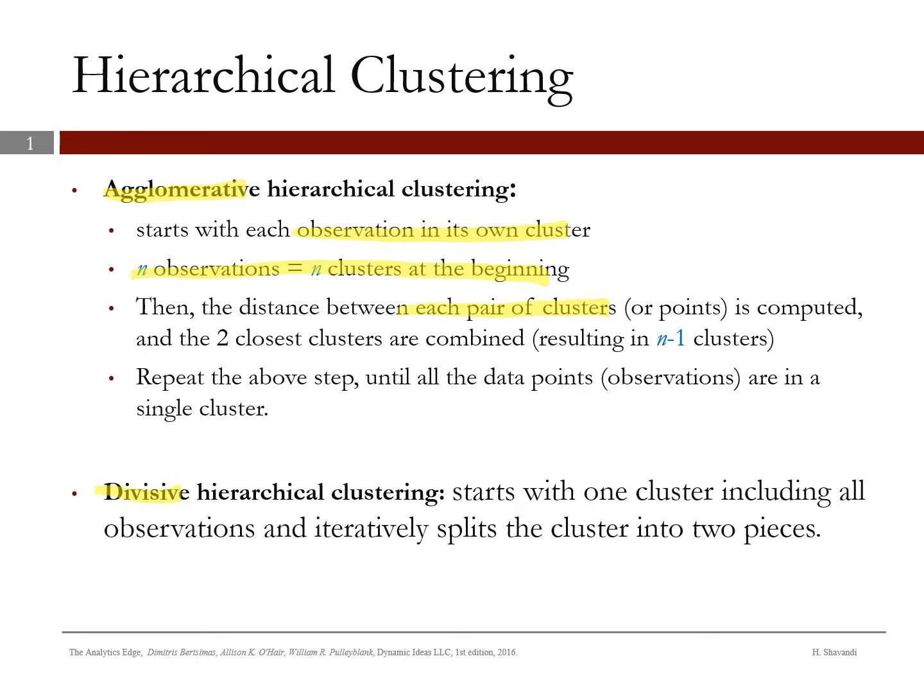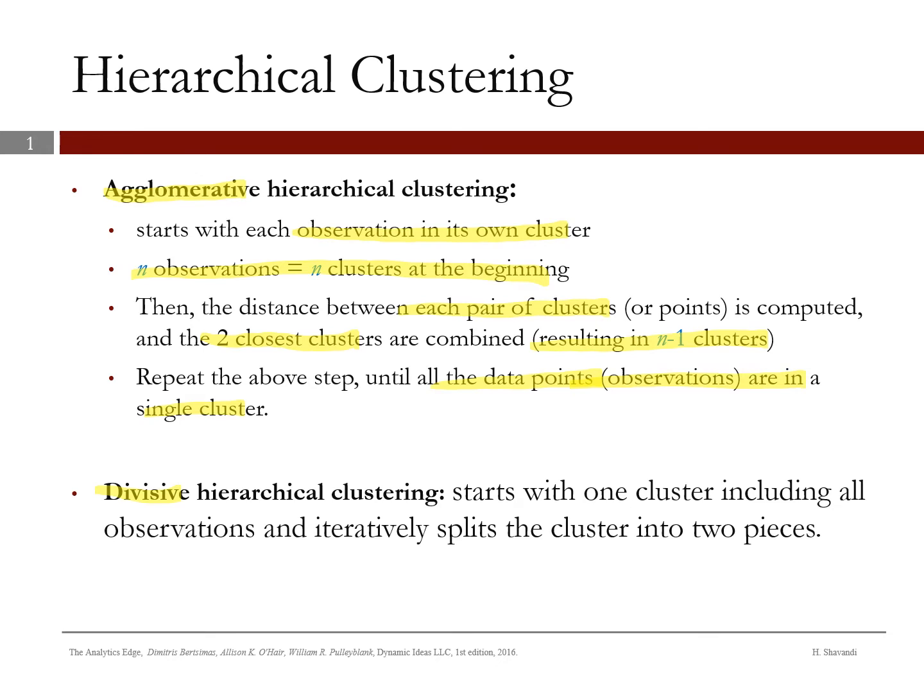Then we find the two closest clusters and combine those two into one cluster. That means in step 2 we will have n minus 1 clusters. Then we repeat this step until all data points are in a single cluster. That means we will have just one cluster at the end. This is called agglomerative hierarchical clustering.